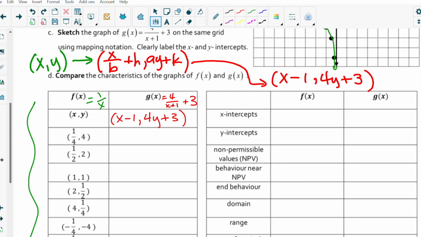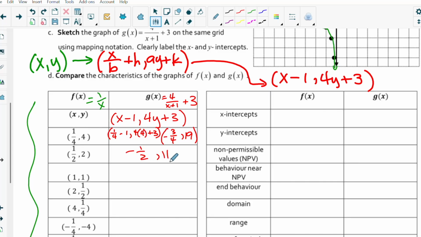Okay, so if I map this out, that's 1/4 minus 1, comma, 4 times 4 plus 3. That's negative 3/4, comma, 19. Okay, and then you can do the same for the rest of them. And I'll just write all the points out for you so we can graph them.